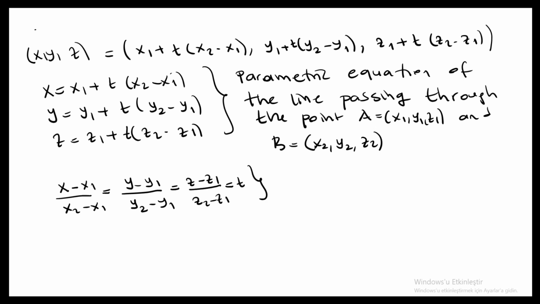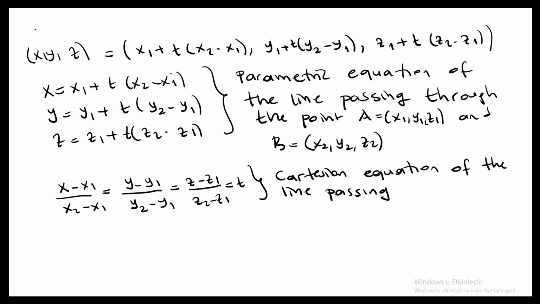So this is the Cartesian equation of the line passing through the points A and B.